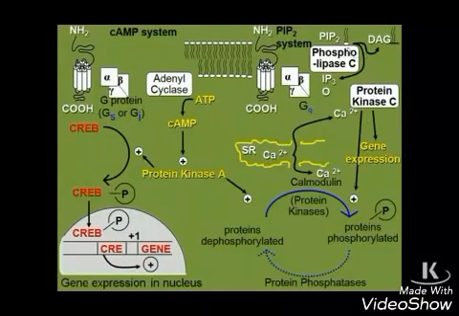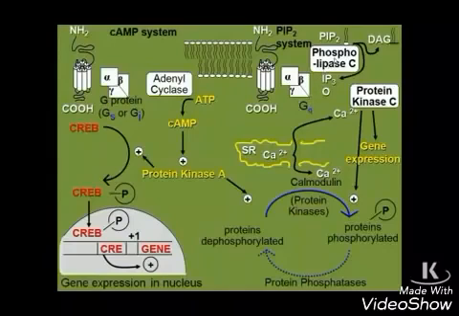On the right-hand side, the GQ type of system, GQ also uses the 3 subunits here, alpha, beta, gamma. Again, the alpha subunit is the working end of this. The major active component is the alpha subunit.